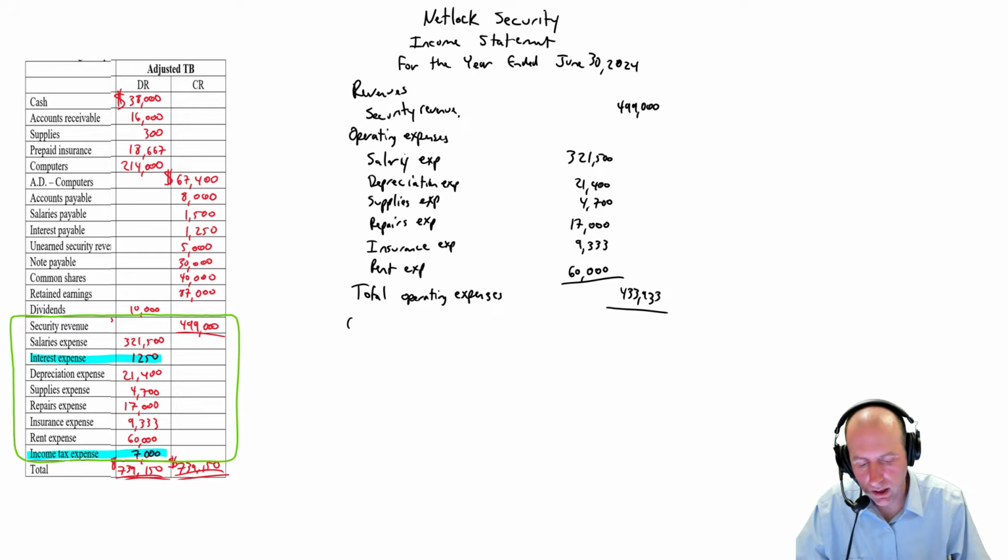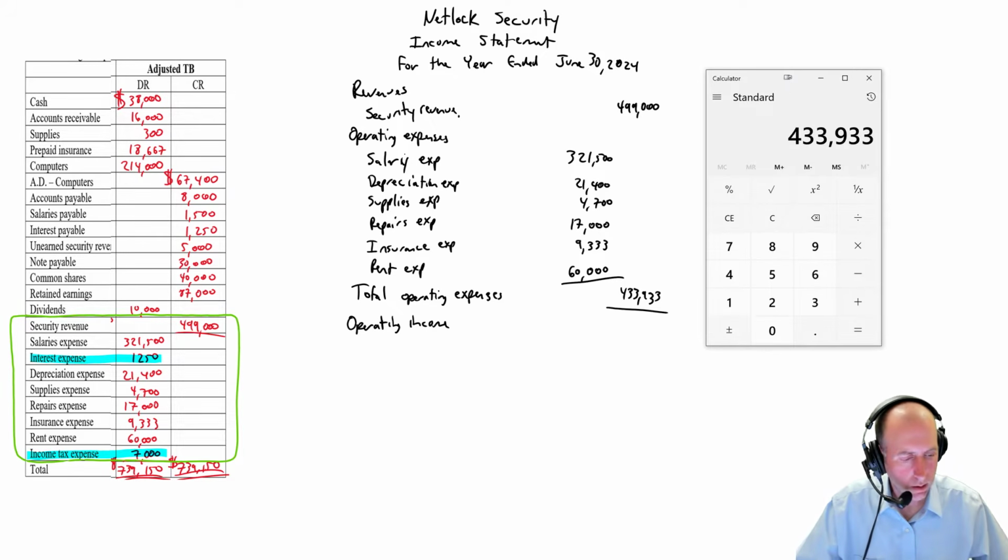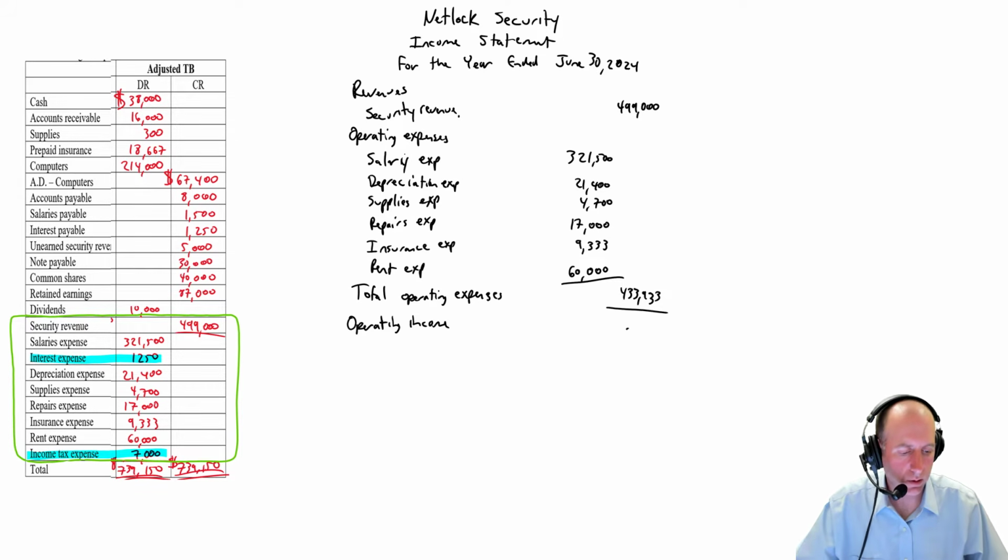So that brings us down to our operating income, our income from operations. Operating income, $499,000, our total revenue, minus our operating expenses, $433,933. Oops, I got one too many threes in there. $65,067.